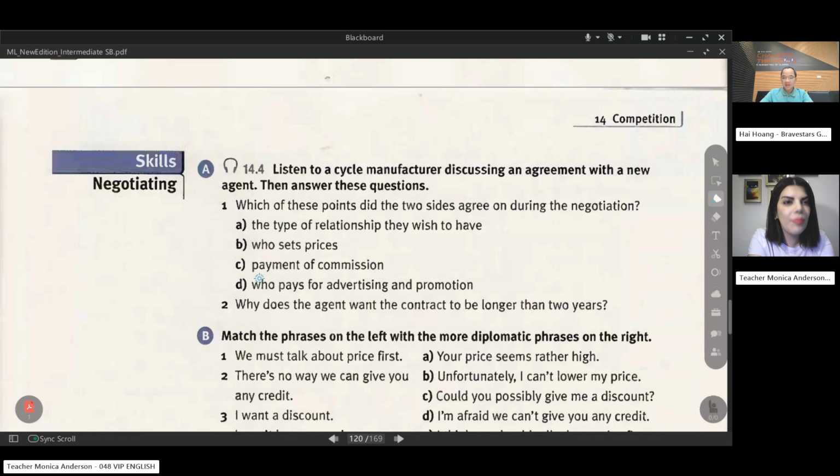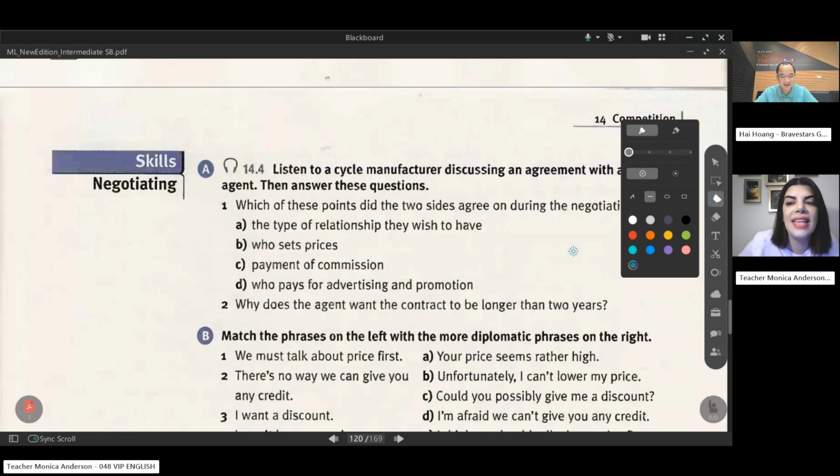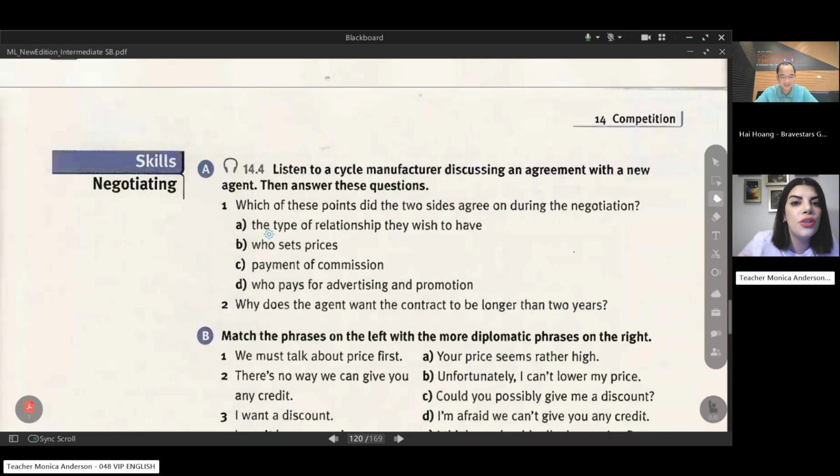Let me give you one minute to read it before listening. Of course you should. As I told you before, first of all, you need to underline the keywords because you may actually hear the same words, synonyms or definitions.